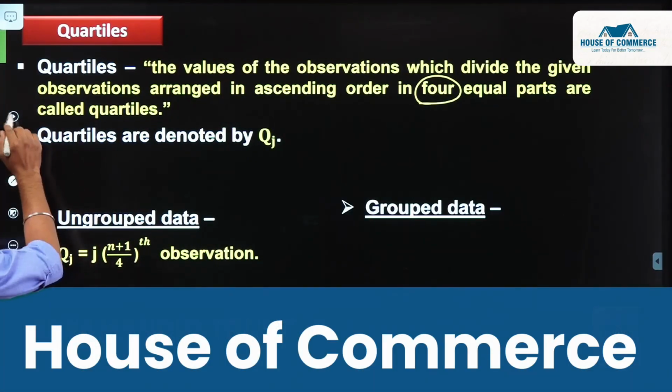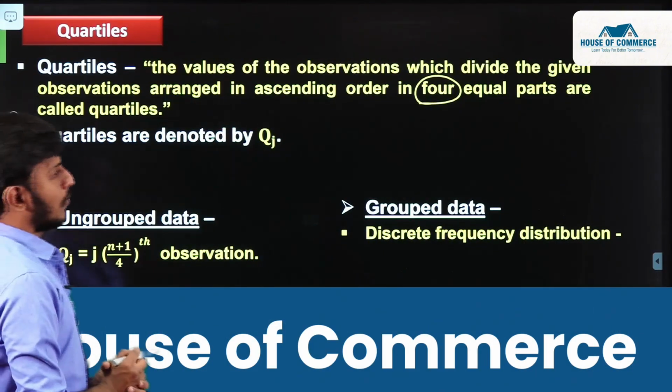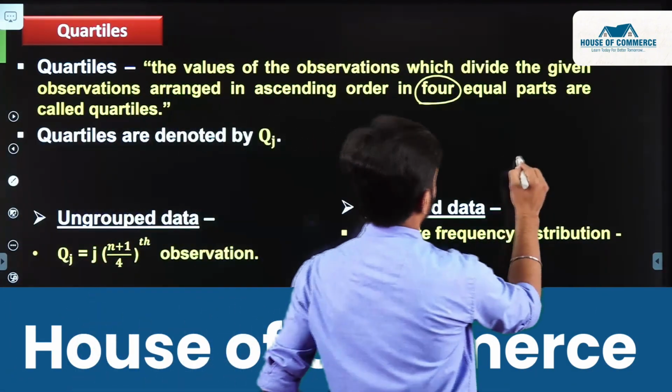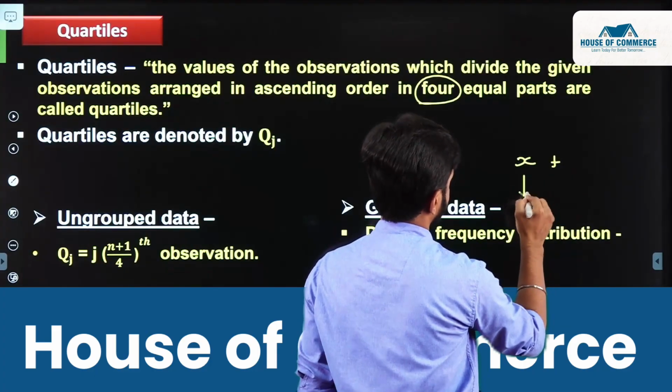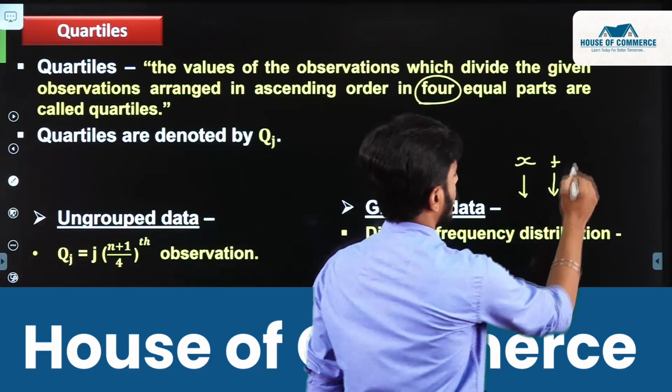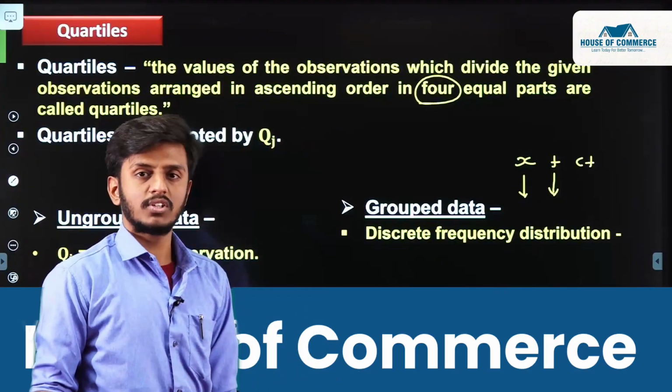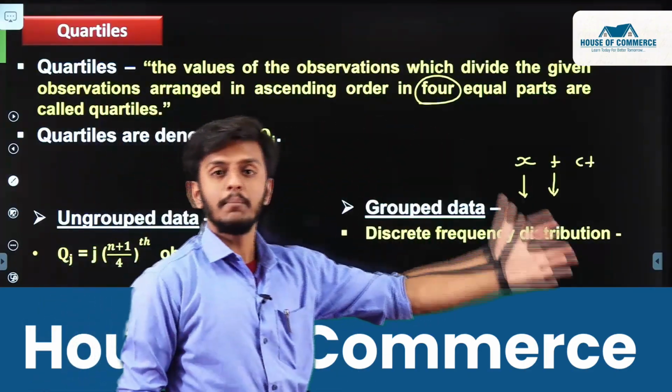What is the other part? Which is the grouped data. And for grouped data, there are 2 types of distribution. Discrete frequency distribution, where only x and f are given. Then we have to find the CF over there. What is the meaning of CF? It is the cumulative frequency, which we were finding for the median.